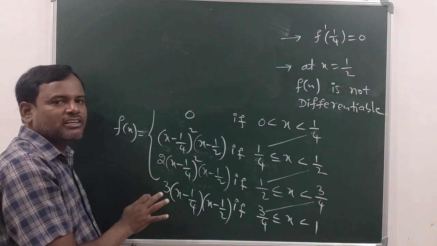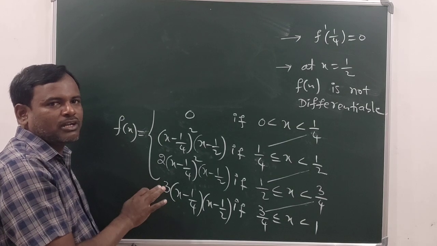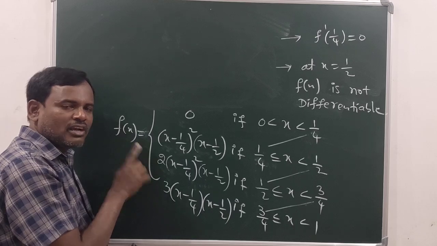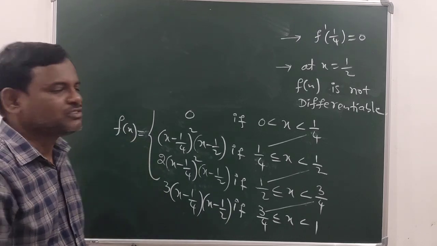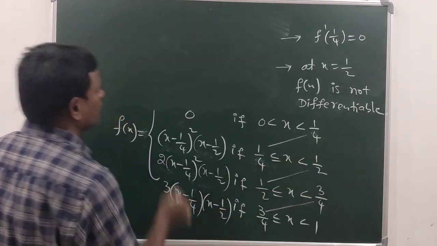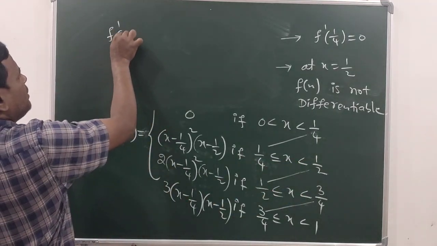So you have to check that minimum value. How to find the minimum value: you take this function and go for its first derivative. If I do its first derivative, how much have we got at x equal to 1 by 2? Do the first derivative.